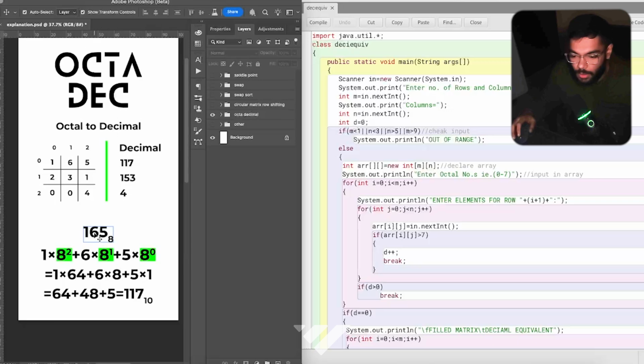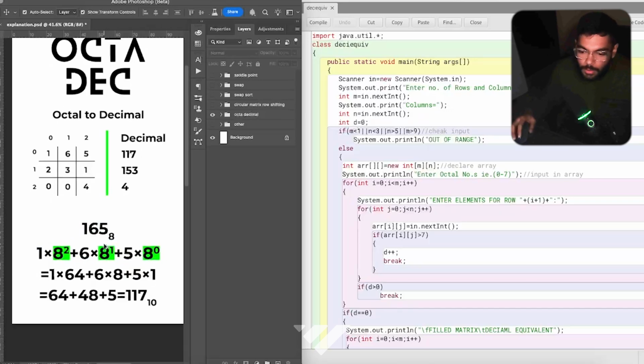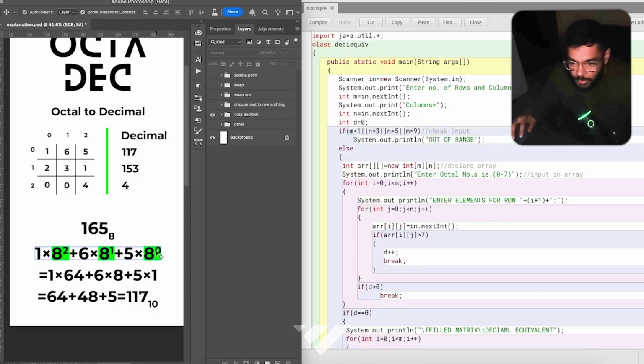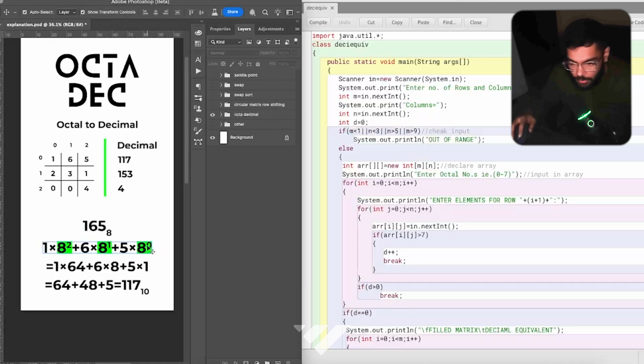So how do we convert from octal to decimal? Basically we just multiply each of the extracted digits with a power of 8.